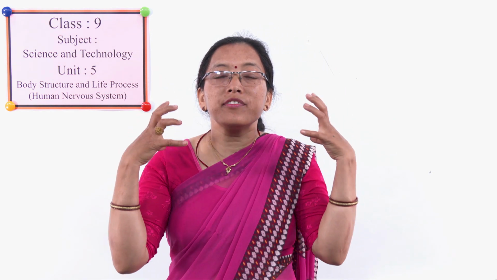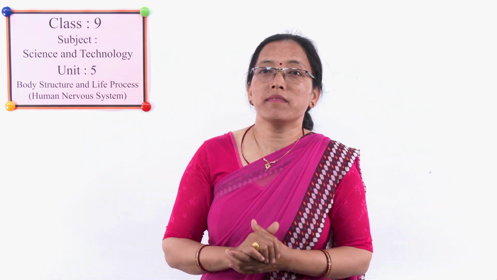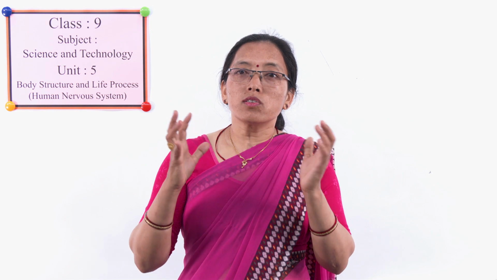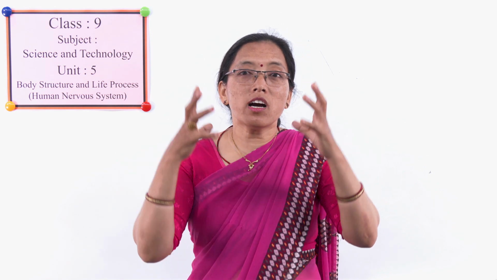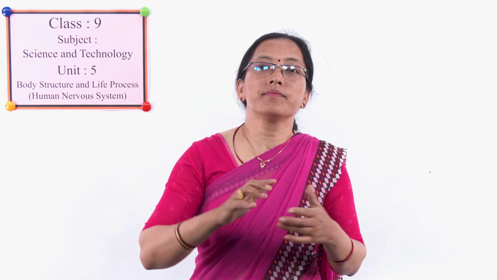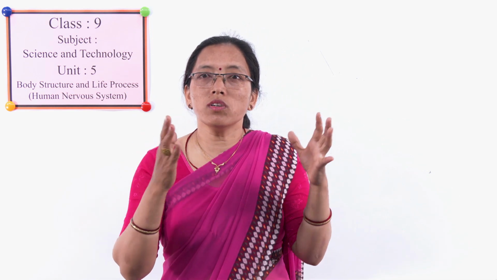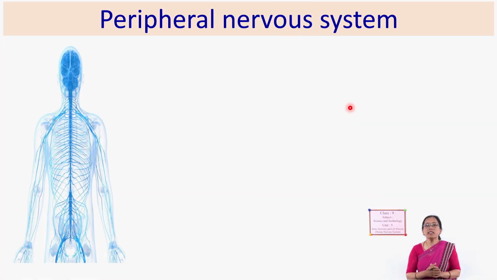Peripheral nervous system means what? We have discussed it in the previous class and just now also. Those nerve fibers which connect different parts of the body, even our sense organs and other body parts, to the central nervous system are called the peripheral nervous system. Even our sense organs come under the peripheral nervous system.